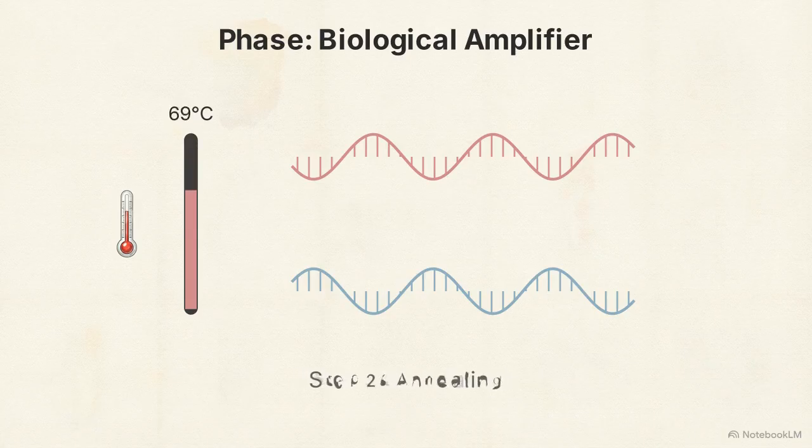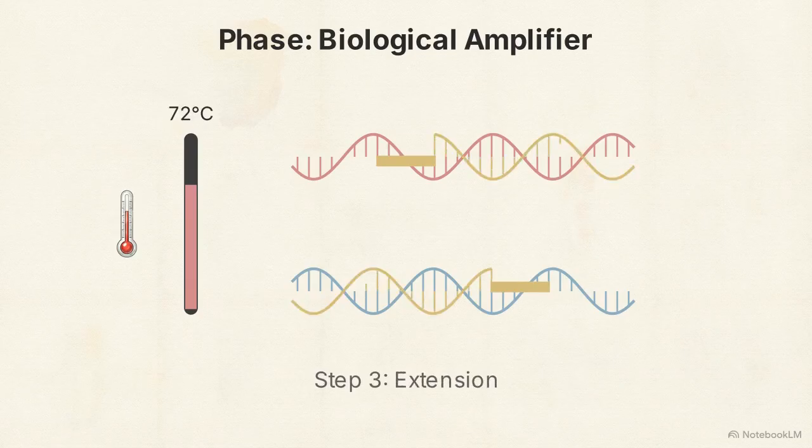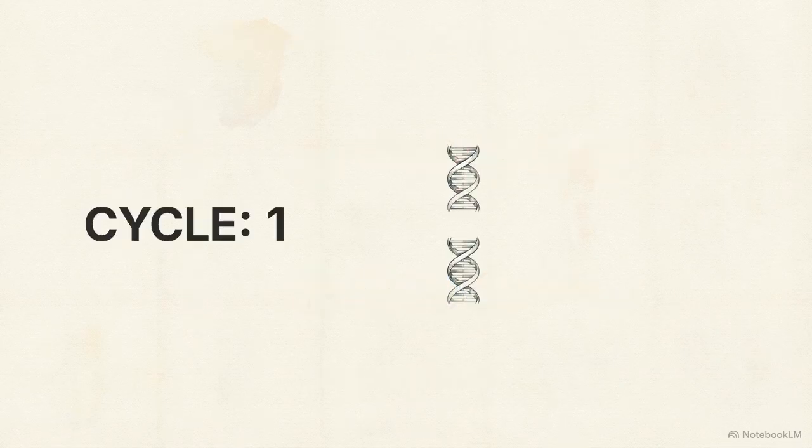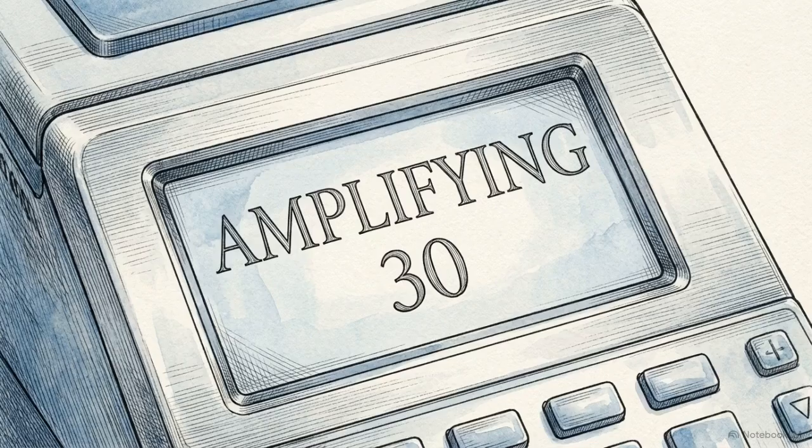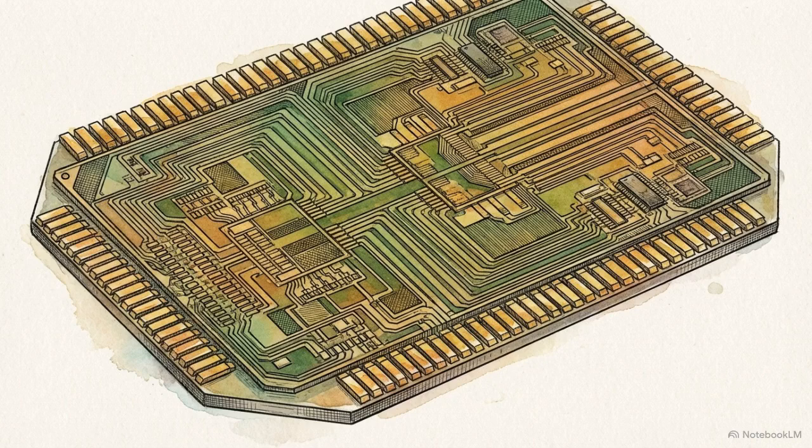Second, in annealing, temperature drops, allowing markers to bind to targeted STRs. Finally, extension heating duplicates the marked segment. Repeating this cycle yields an exponential explosion of STRs. PCR acts as a biological amplifier. Overcoming the physical limitations of tiny forensic samples, it generates enough raw material for digital sensors to read.